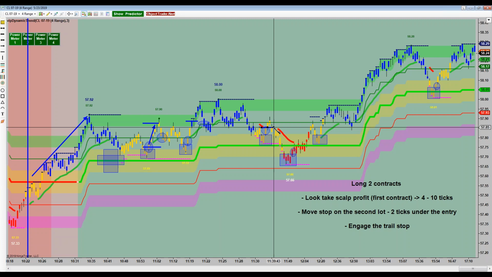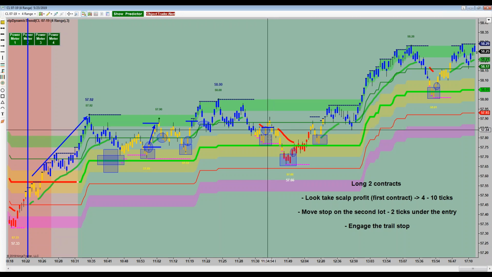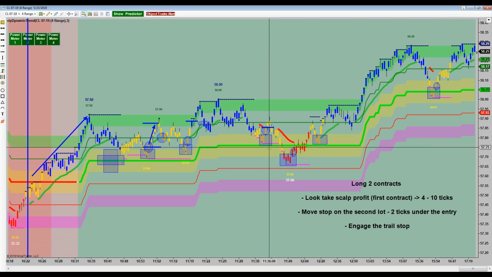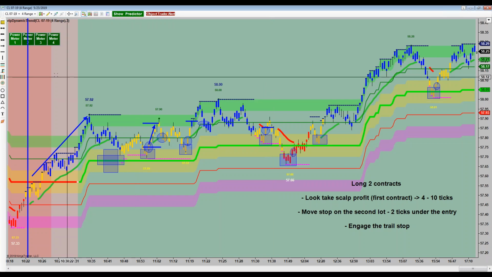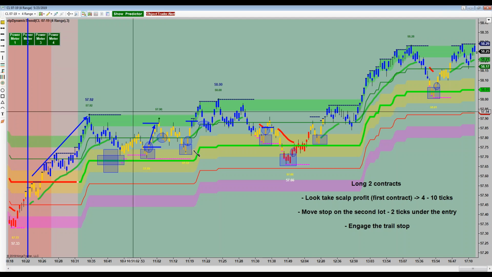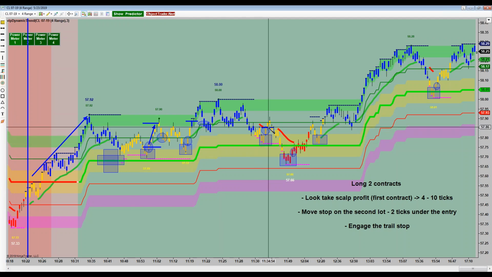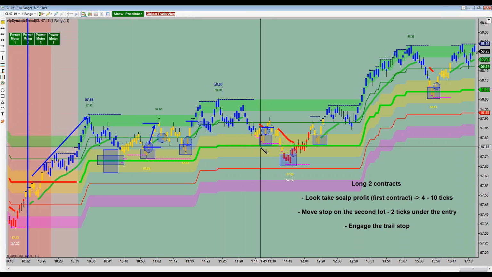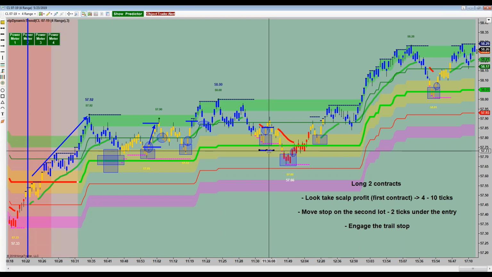Let's call your fill on this one at 57.85. So with a 10 tick stop or a 12 tick stop, your initial stop is all the way down here at 70, 75. What is that? Yeah, 10 ticks below, so 85 would be 75 right here, and quite possibly could be even lower at 12 ticks, which would be 73.